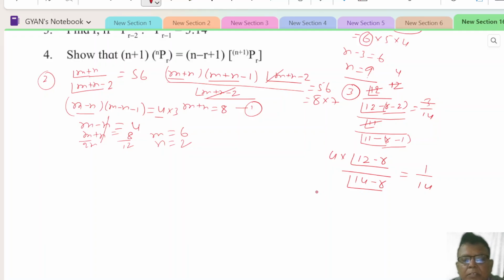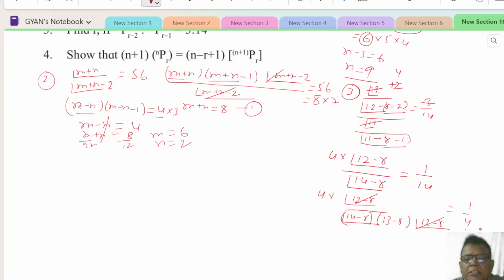So this one will be 4 into factorial 12 minus r divided by factorial 14 minus r, and 13 minus r, and then factorial 12 minus r, equal to 1 by 14.